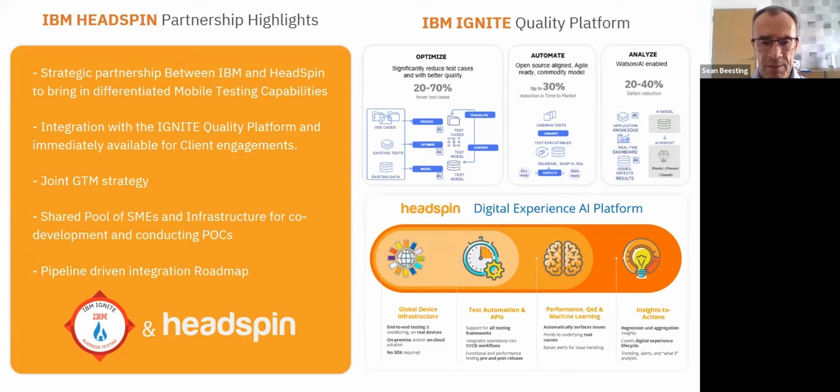But in essence, put very simply, it's around optimization. So how do you maximize your test coverage for the minimum amount of test cases? How do you take out duplication? How do you drive efficiency? And then how do you move that into automation, into seamless automation? And out of that, how can you then analyze, predict, and prevent future defects from occurring?